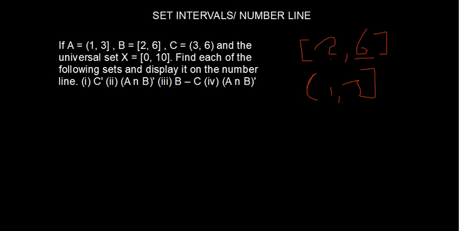It is also important to note that when you are representing such information on the number line, an empty dot will be used to represent the curved bracket. So for instance, this is our A, which is 1 in a curved bracket and 3 in a rectangular bracket, so it will run from 1 up to 3.